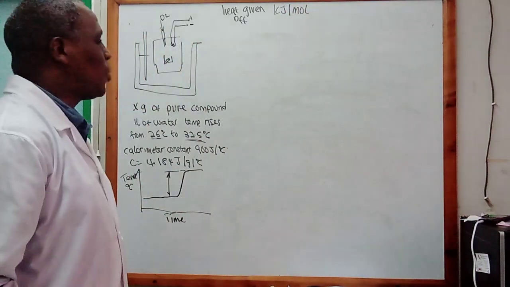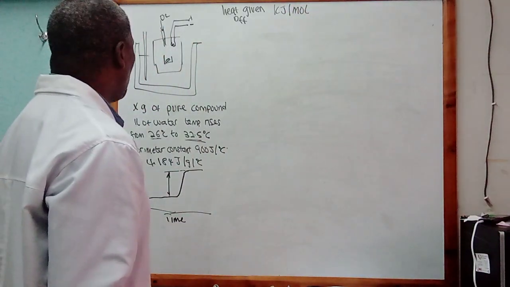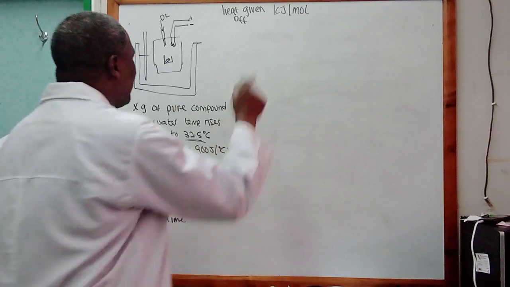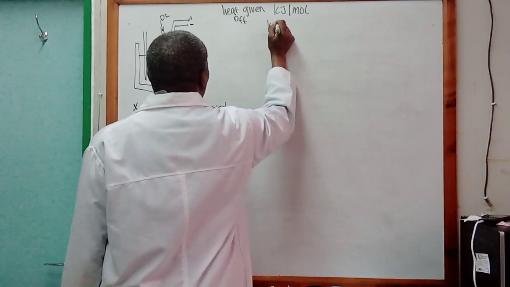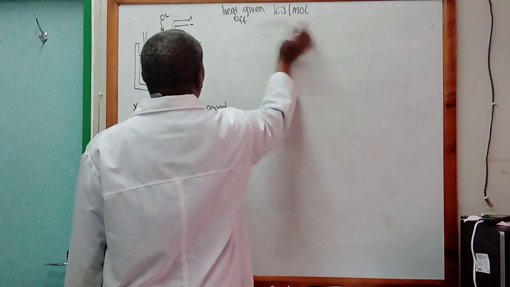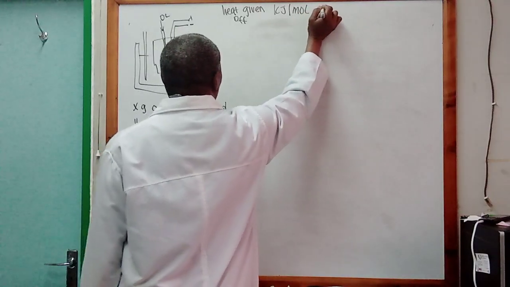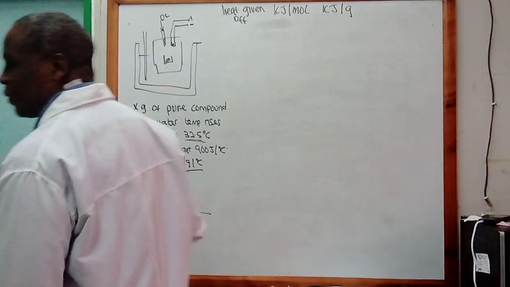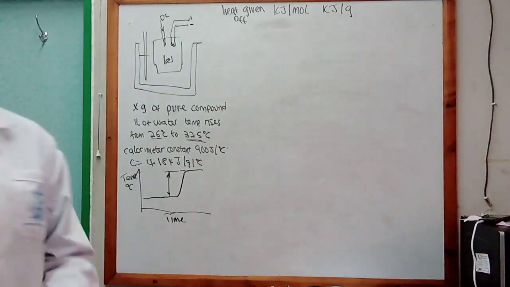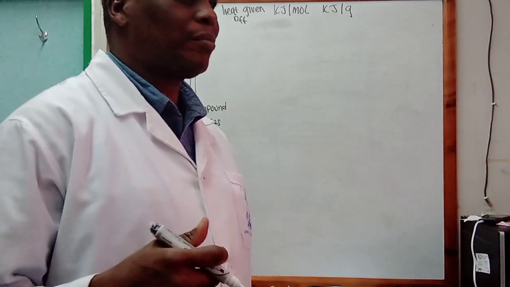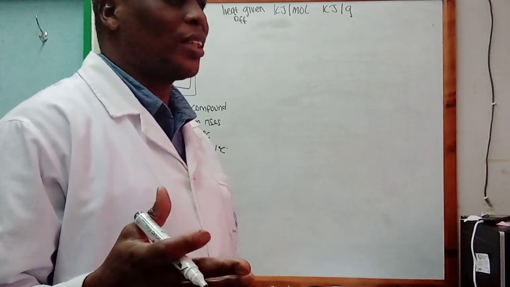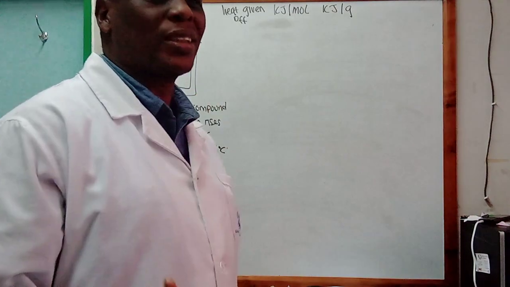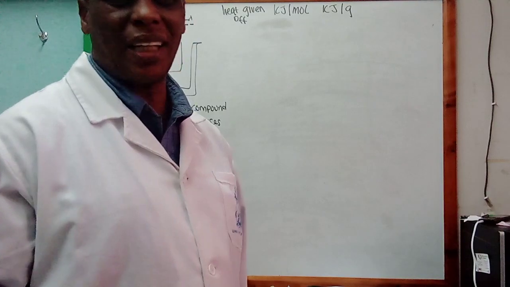So the first thing you'll have to do is determine the energy given off in kilojoules or maybe megajoules, depending on the unit, or maybe kilojoules per gram. And then from the grams, the gram is equal to the moles times the relative molecular mass.